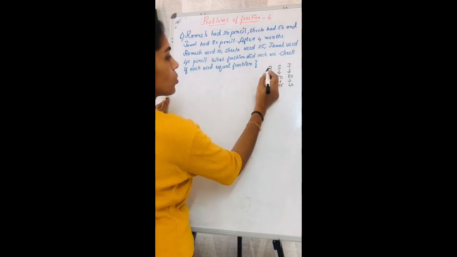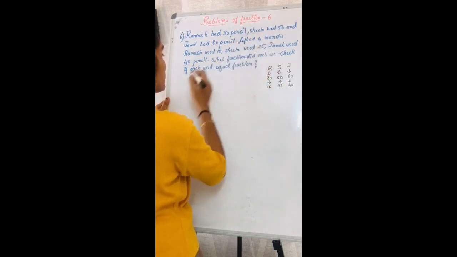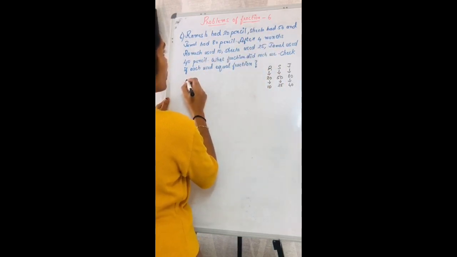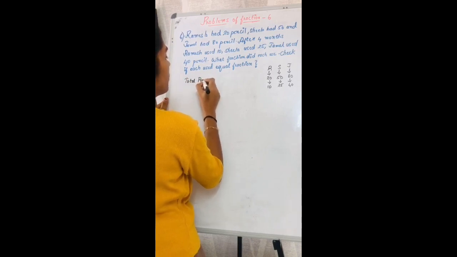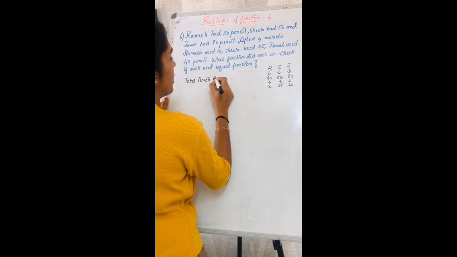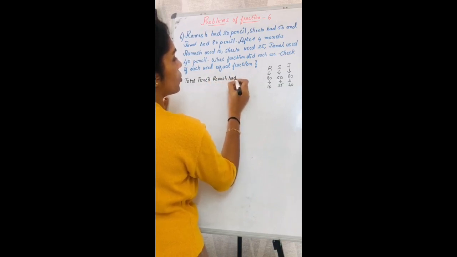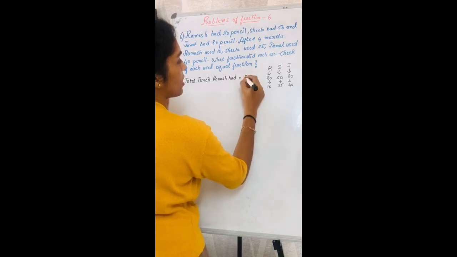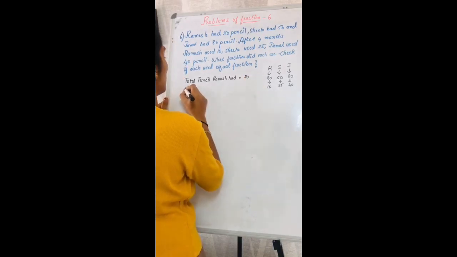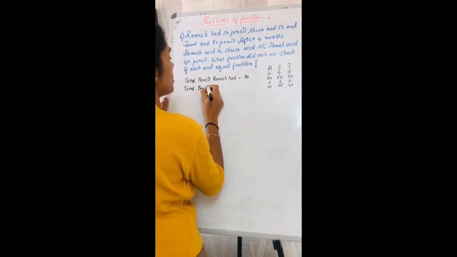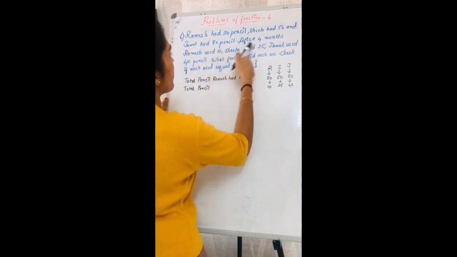So 20. The first sentence, how can you quote? Total pencils Ramesh had, right? Total pencils Ramesh had. What was that? 20, right? So next one, total pencils. What is the second person?